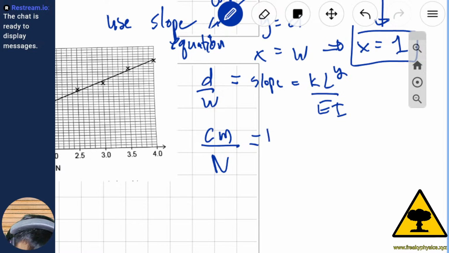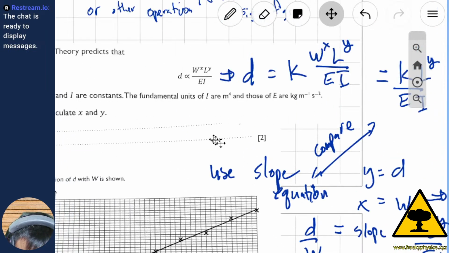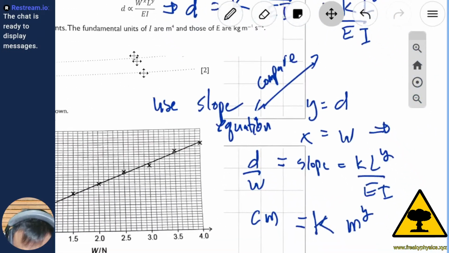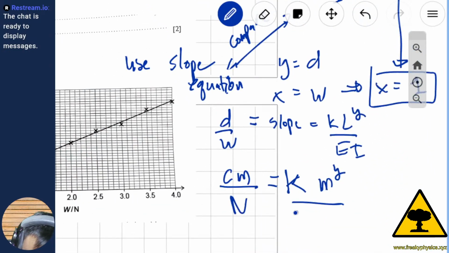We don't know the unit for K, right? L is a length, so that's going to be meter raised to Y. What's the unit of E again? Let's take a look at the given info. E and I, what are the units? Meter 4 and kilogram meter per second squared. So this is meter raised to 4. But cm is basically meter, so we can get rid of that.